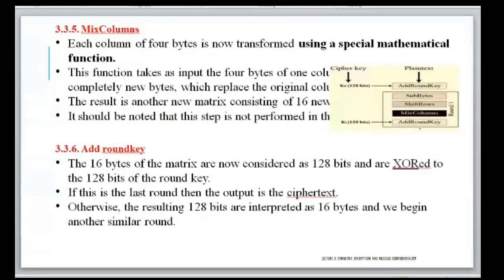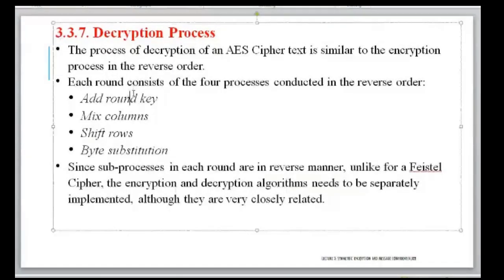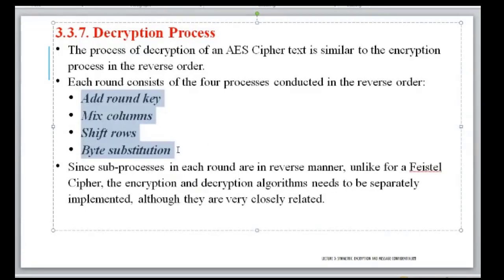Now the decryption. Decryption uses the same steps, but in reverse. Same steps you are going to do, but in the reverse. Now you can see, first thing, adding the round key. Next step, mixing the columns. Shifting the rows. Byte substitution. In encryption, byte substitution will come first.